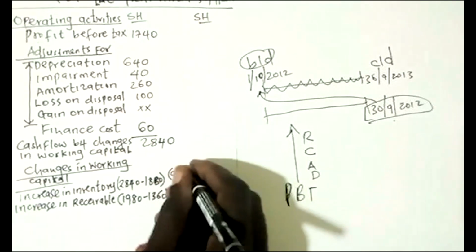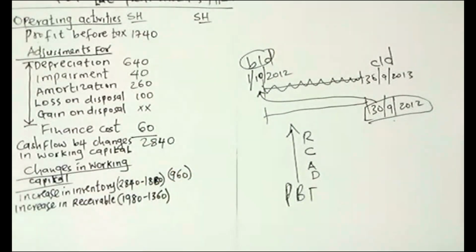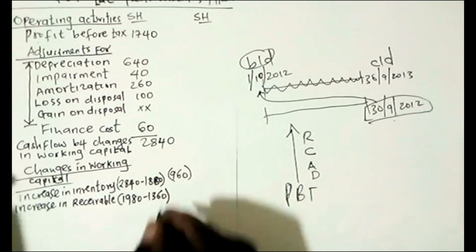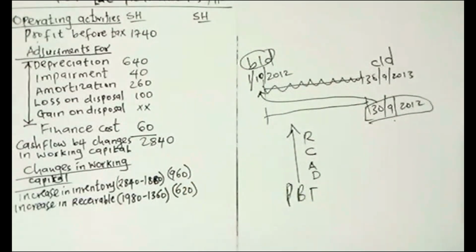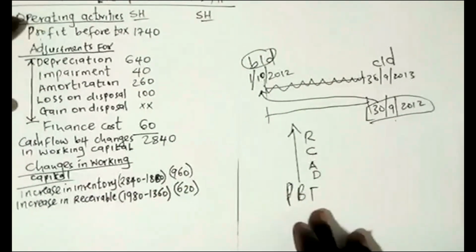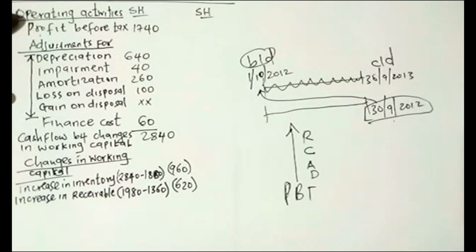Increase in inventory, cash out. 1980 minus 1360, 620. Again, cash out, because now your debtors are increasing. You are giving them more money. The same way your stock is increasing, you are paying money to buy stock.